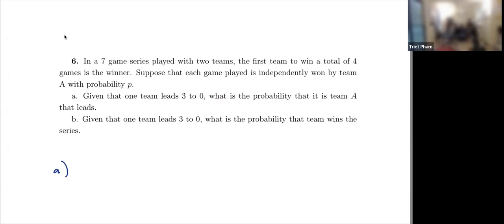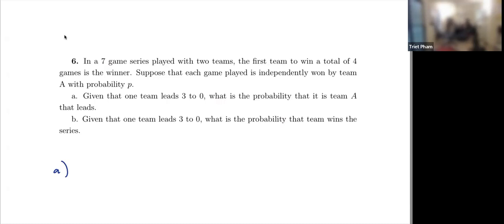First of all, let's make sure we understand the context of this problem. This looks like a basketball final series, or is it baseball? I don't know. You play 7 games, but whoever wins 4 games first wins the series.